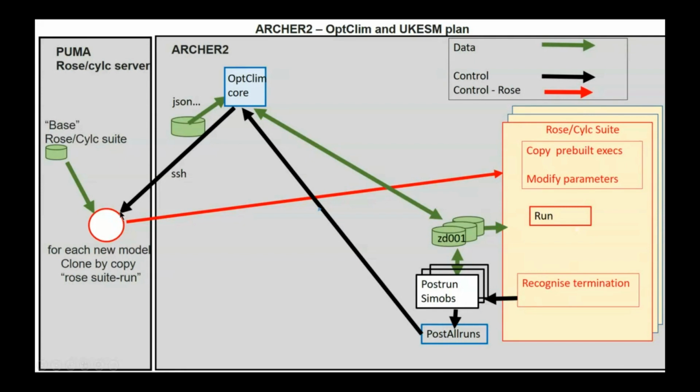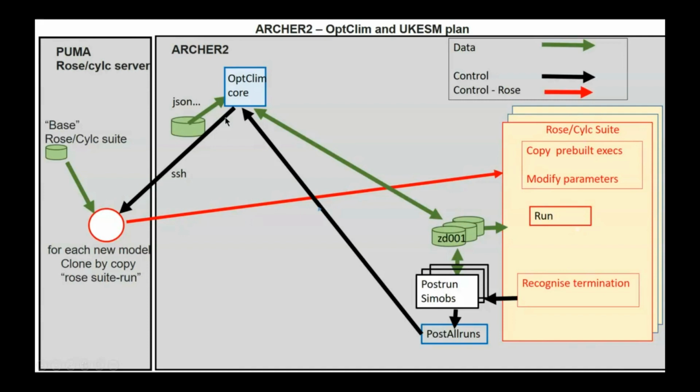So that would seem to be a nice way to go, but that nice way doesn't work at the moment, because of the security arrangements between Puma and ARCHER2, this SSH command can't happen.